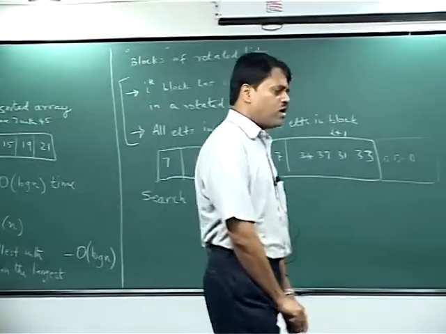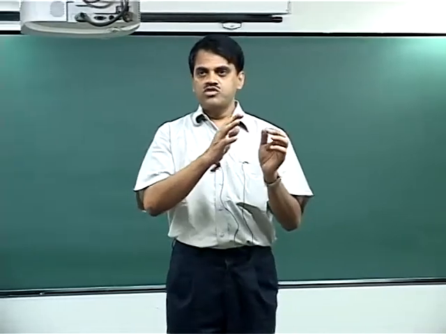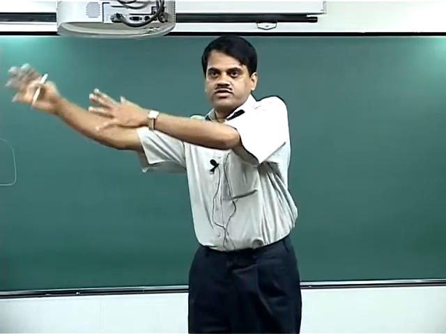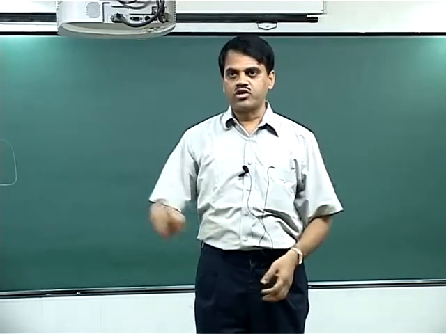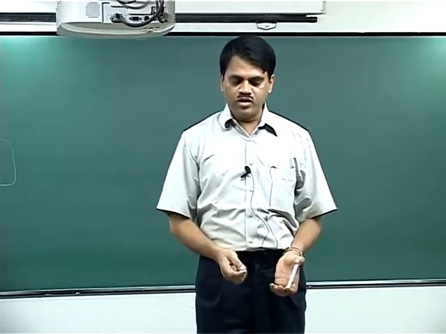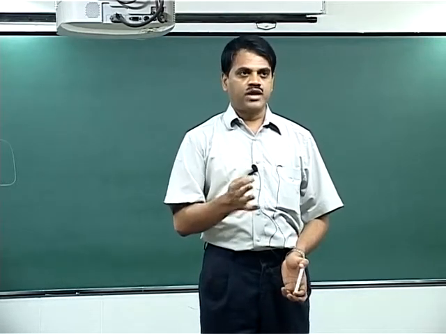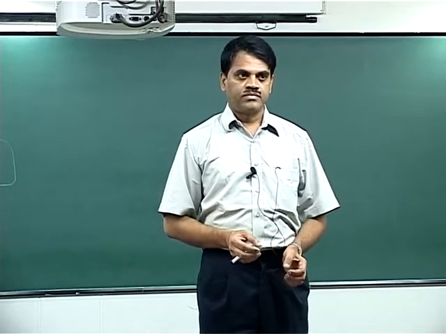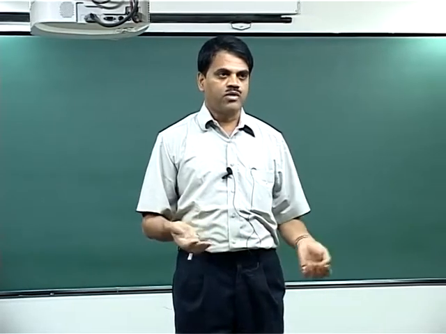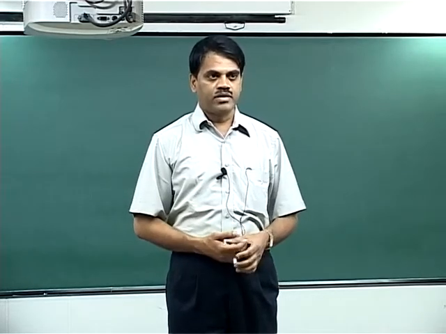Can you find the block where, see, you have elements of one block smaller than the elements of the next block, so if you look at it block-wise, they are all in some sort of sorted order. So the first thing I want to find out is, if the element is there, which block can it be in, and how do I find that? I don't even know which block. I have to find out which block this element can be in.